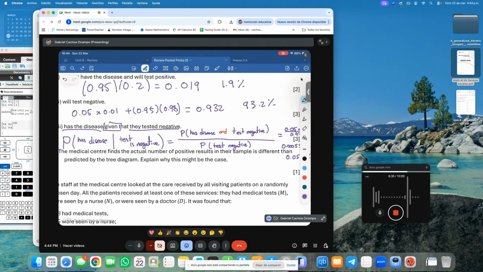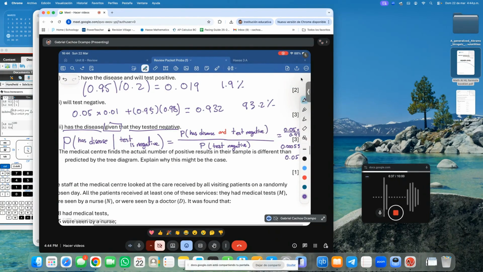The medical center finds the actual number of positive results in the sample, and their sample is different than predicted by the tree diagram. So why is this probability not exactly the number that you receive in real life?